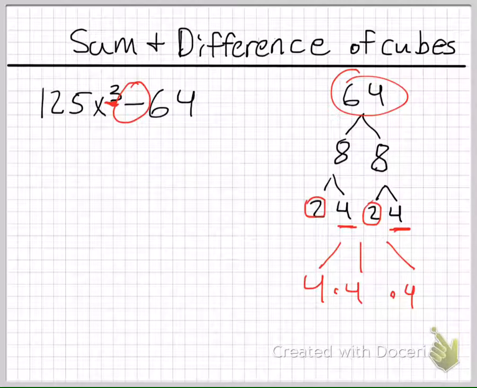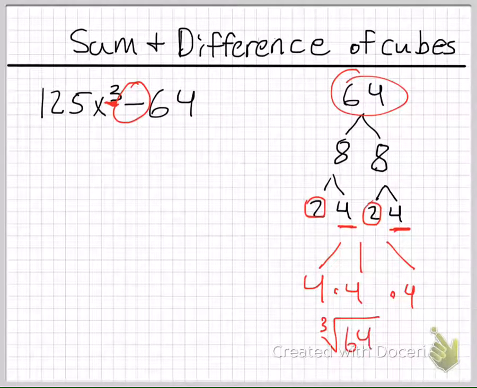Now what that means is that the cube root is 4, because we have three numbers that multiply together to give me 64. So I know that the cube root of 64 is 4, and then I can do the same thing with 125.